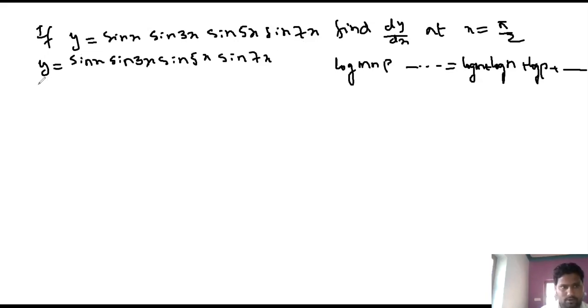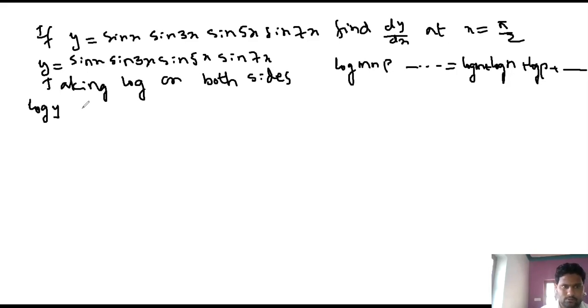Taking log on both sides, log y is equal to log of sin x, sin 3x, sin 5x, sin 7x.